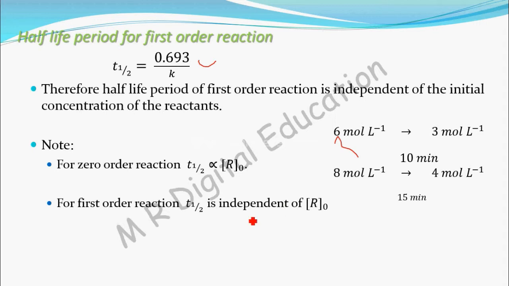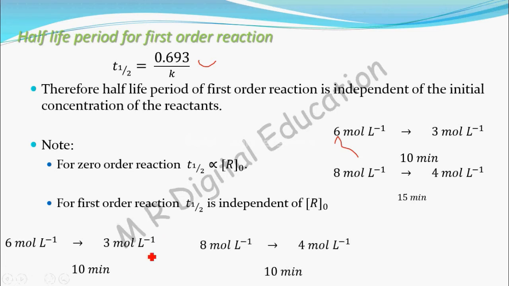See, for first order reaction, t half is independent of R naught. It means whatever may be the initial concentration of the reactant, half-life always remains same. Suppose in this example only, to convert 6 to 3 mole per liter, take time as 10 minutes.